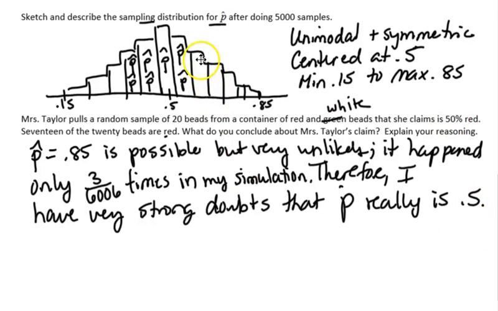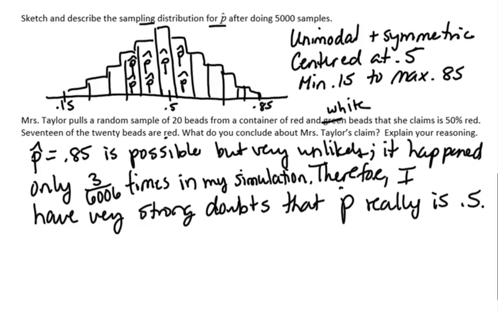Now, if I got a sample proportion of, say, 70%, that's somewhat unusual, but it could plausibly have come from a population where the percentage of red beads was 50%. Maybe it didn't, but we don't know for sure. It's not unusual enough to reject this claim. Here, though, this is so unusual that I feel pretty strongly that I could reject this claim.